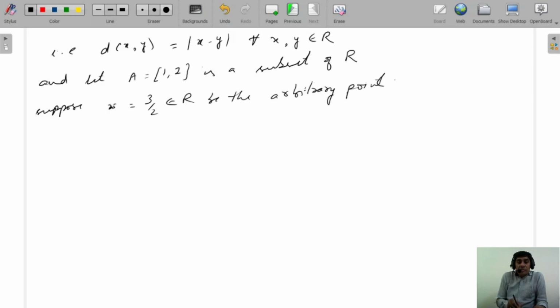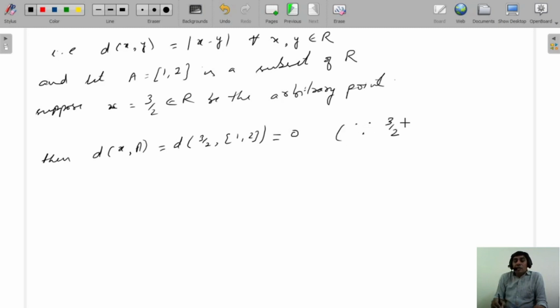Then d(x,A) is equal to d(3/2, [1,2]) is equal to 0, because 3 by 2 belongs to capital A. That means the distance between the point which lies in A with respect to the subset A is 0.